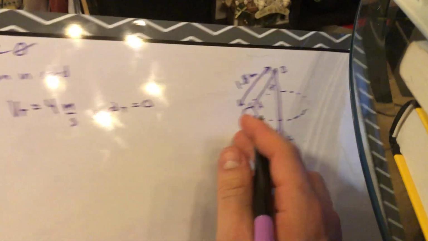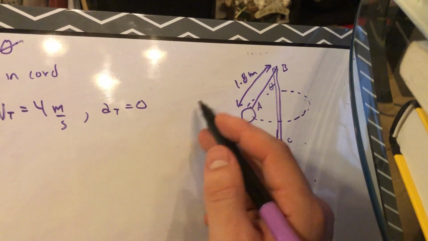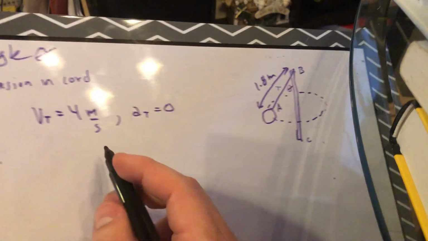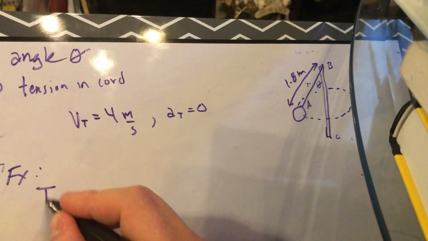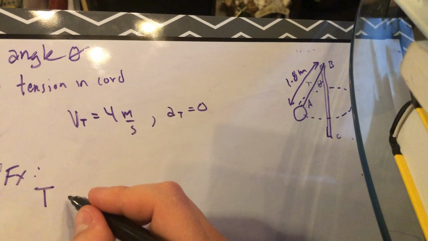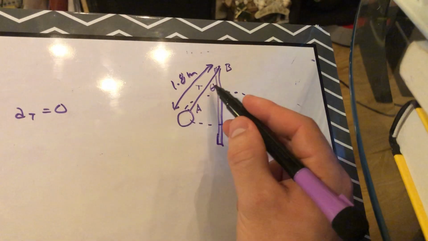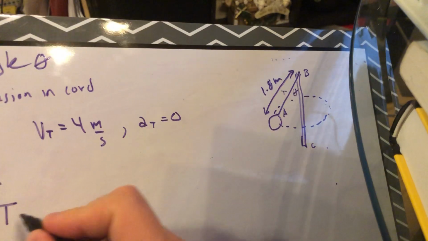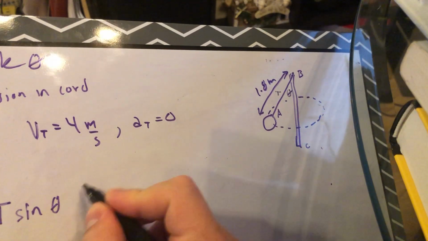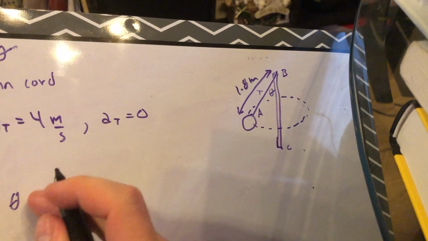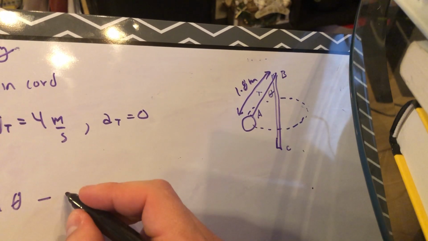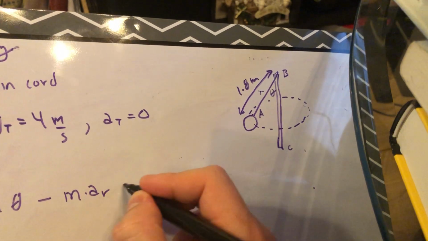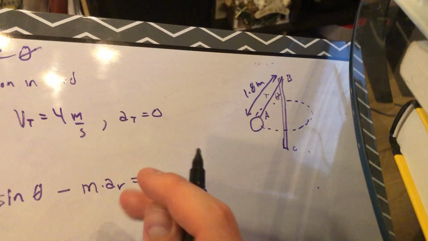And we know that, if we look at this, for the tension T, we have T sine theta minus mass times radial acceleration is equal to 0.